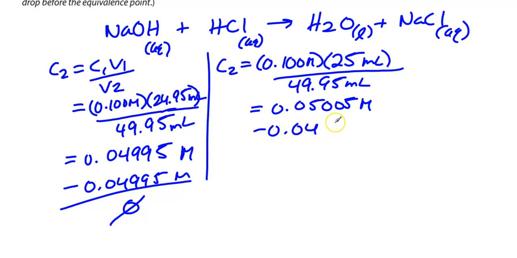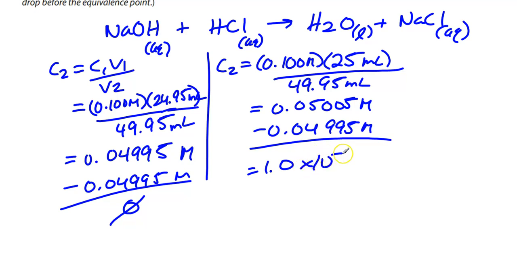Minus 0.04995, we will have some moles of this remaining. So let me subtract that. Okay, so we have 1.0 times 10 to the negative 4 moles per liter left.